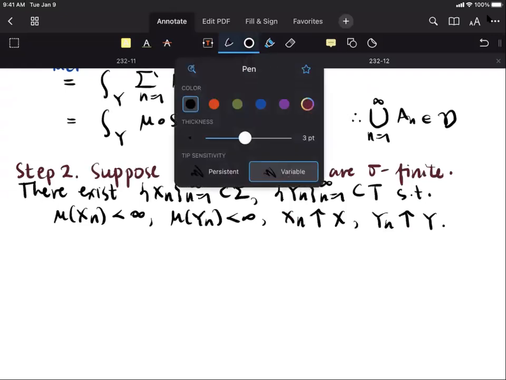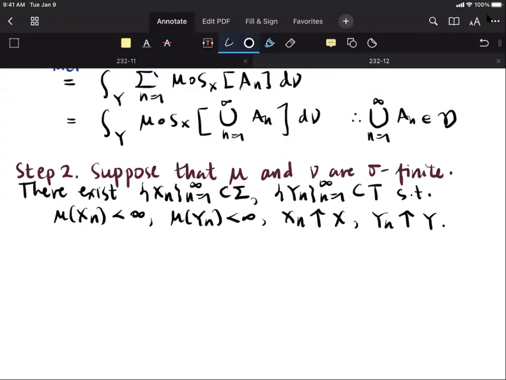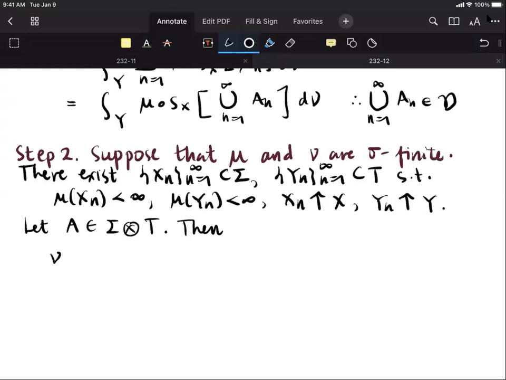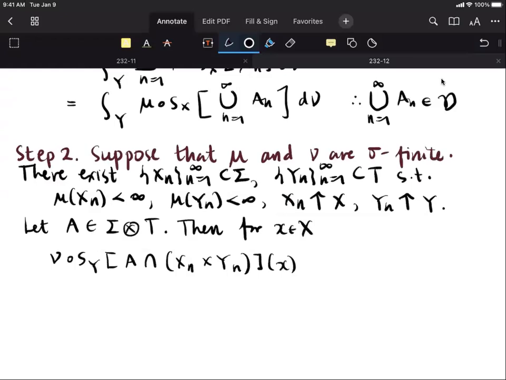Okay, so now let's take an A in sigma cross T. Then you can show that this composition, but now intersecting in the restricted Cartesian product, that's xn cross yn, evaluated at x, for x in capital X, is the same as the following.